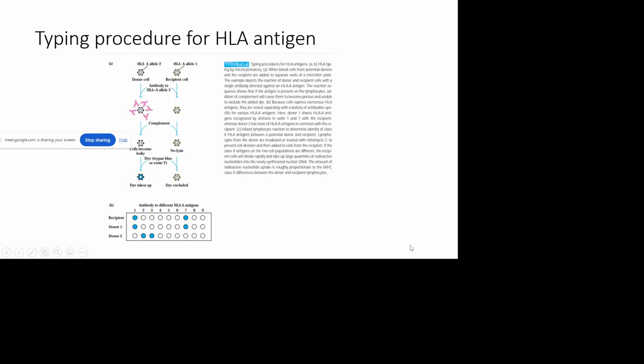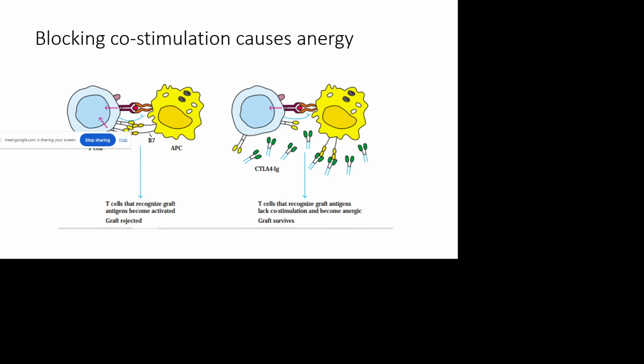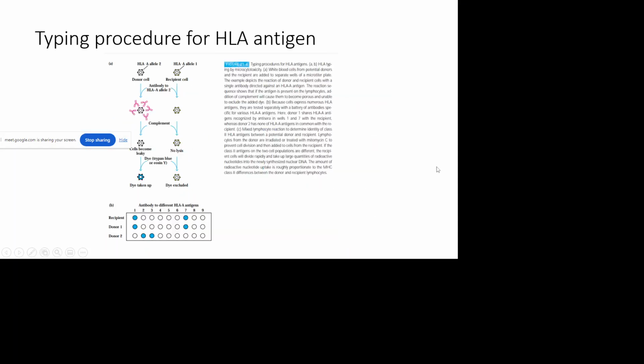Now if you want to do a proper grafting, then you should match the HLA or MHC between the donor and the recipient. If it is properly matched, then only you can select this donor and recipient as a combo for transplantation or grafting, right?